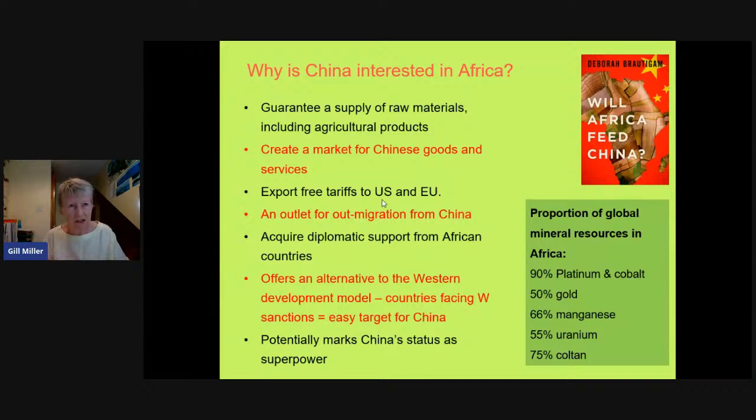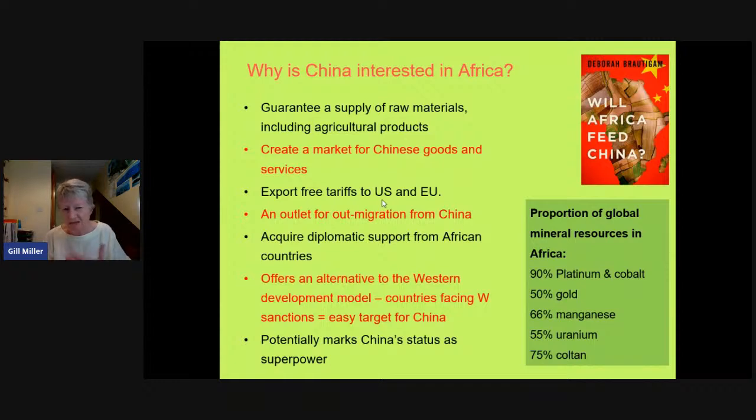And critically, China has a different way of looking and investing in countries compared with the West. It's got an alternative development model. When the West has been entering into deals to support development in African countries, it's come with conditions in terms of reducing corruption and transparency and accountability.